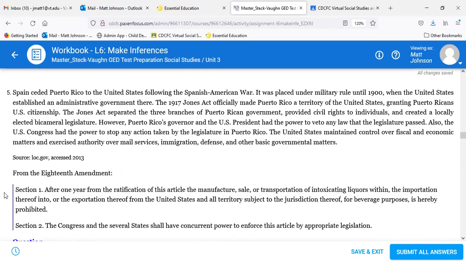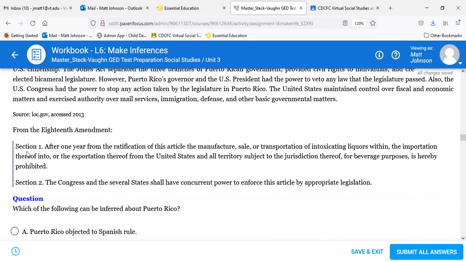Sasha Gay, could you read the 18th Amendment piece here? From the 18th Amendment, Section 1. After 1 year from the ratification of this article, the manufacture, sale, or transportation of intoxicating liquors within the importation thereof into, or the exportation thereof from the United States and all territory subject to the jurisdiction thereof for beverage purposes is hereby prohibited.